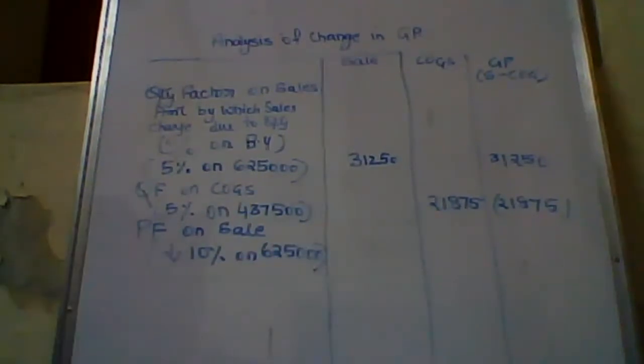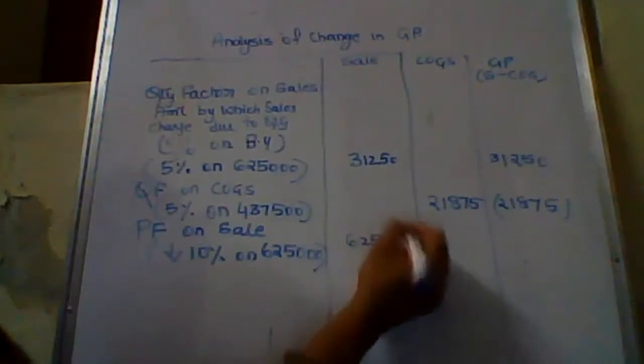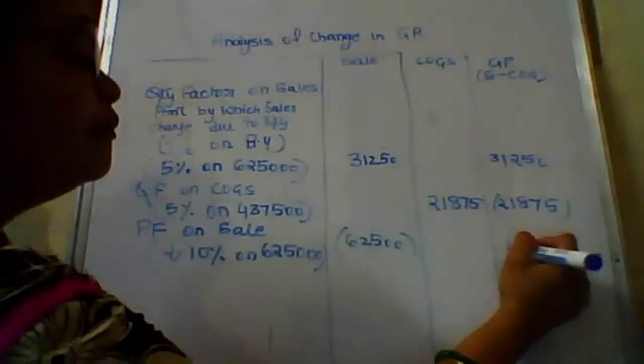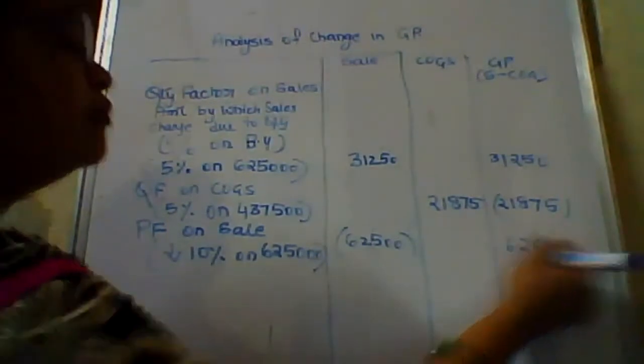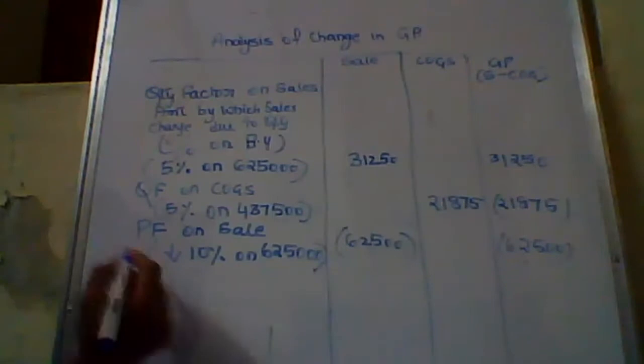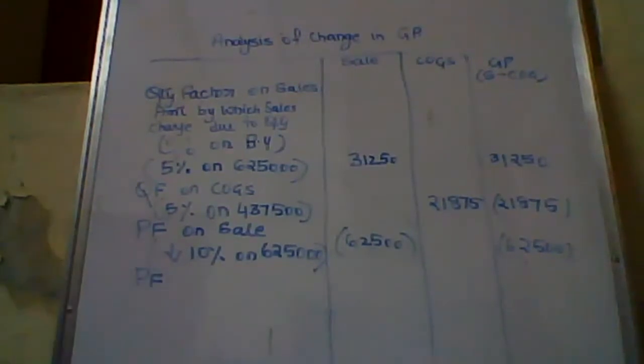That will give you 62,500. But this is the decrease. Are you understanding? समझ में आ रहा नहीं आ रहा? Hello. Yes, ma'am.